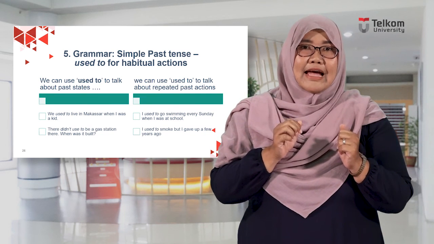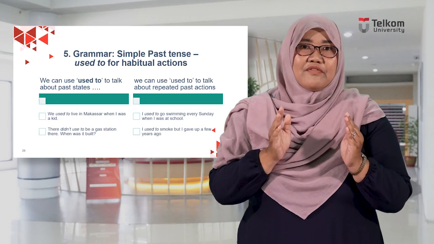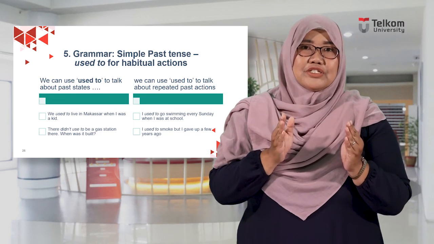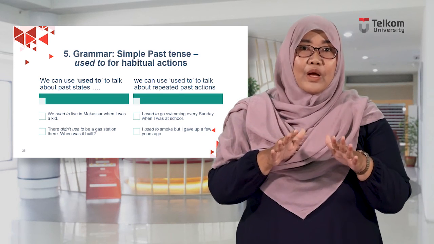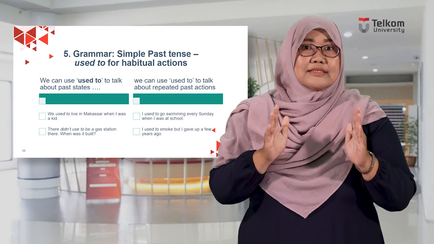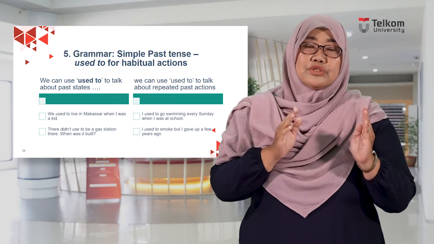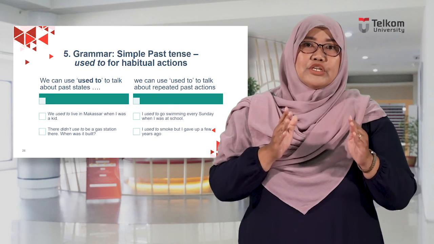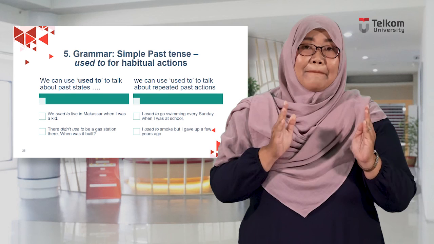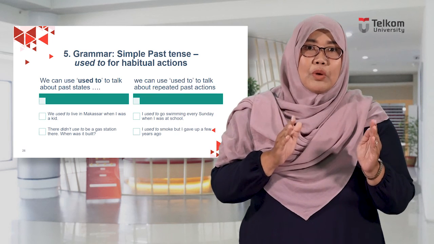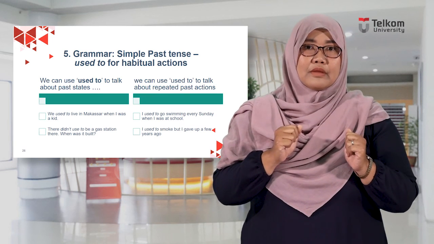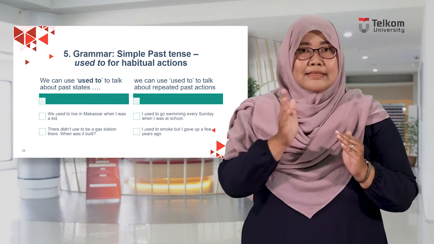Remember that used to is only for past states or actions that don't happen now. We can't use it for things that still happen now. Also, used to plus infinitive shouldn't be confused with be or get used to plus the ing form. This is covered in a separate section.